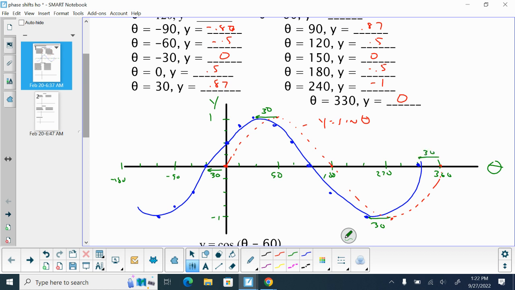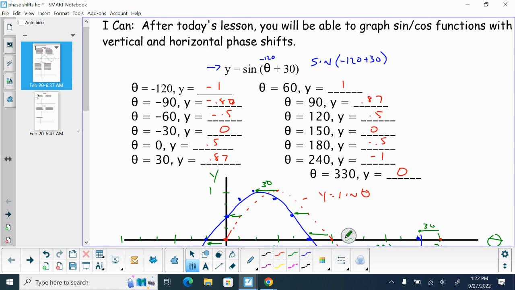No matter where my point is, I get shifted to the left 30 degrees. If I take a look at my equation, we have y equals sine theta plus 30. It is a slide to the left 30 degrees.